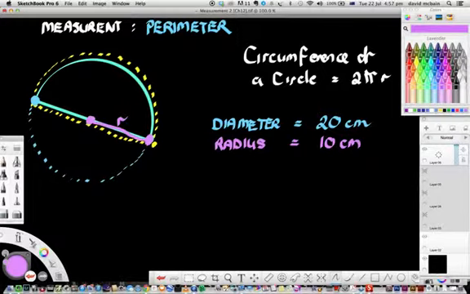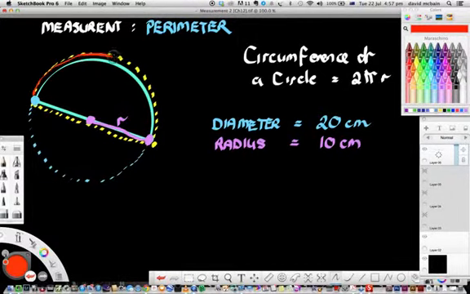To work out the circumference of the half circle, what we could do is pretend it was a full circle like that, work out what it would be for the full circle, and then halve it, because it's only half a circle. But then we have to remember to add the straight edge in. So we'll break the perimeter of this shape into two parts. We'll do this part first.